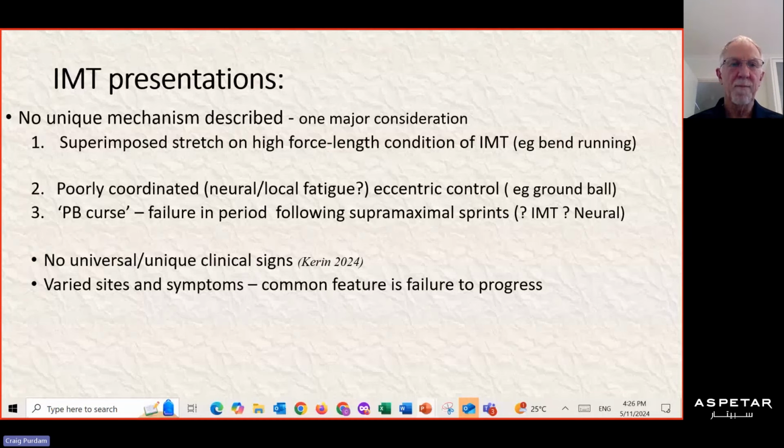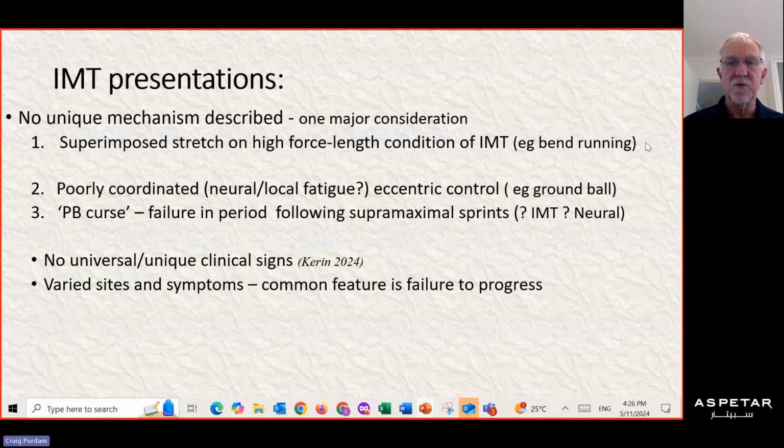So a person sprinting along in a 400-meter run and then hits the bend, there's an increased length demand on the outside leg. That's the one that's almost exclusively torn in 400-meter runners, and that's one such example.